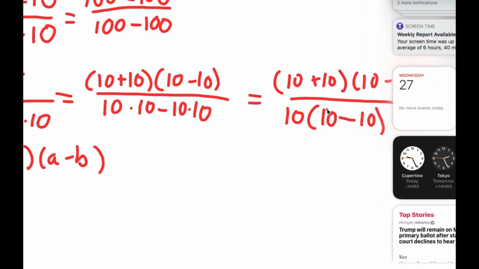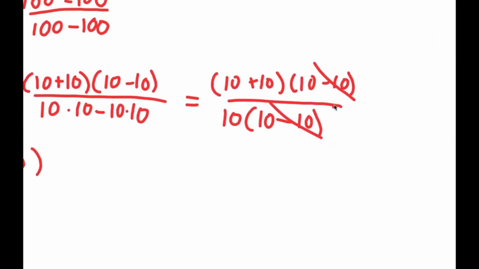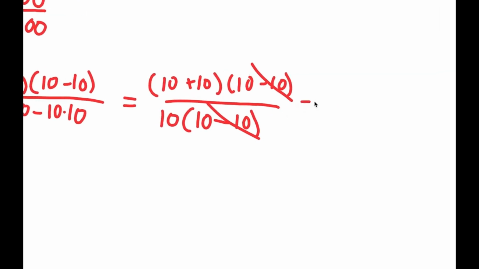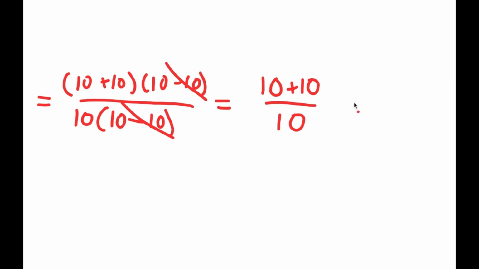Now from here, I'm going to cancel out these two 10 minus 10s. So if I cancel these two out, I get 10 plus 10 over 10. And 10 plus 10, that's 20. So I have 20 over 10, and 20 divided by 10 is 2.